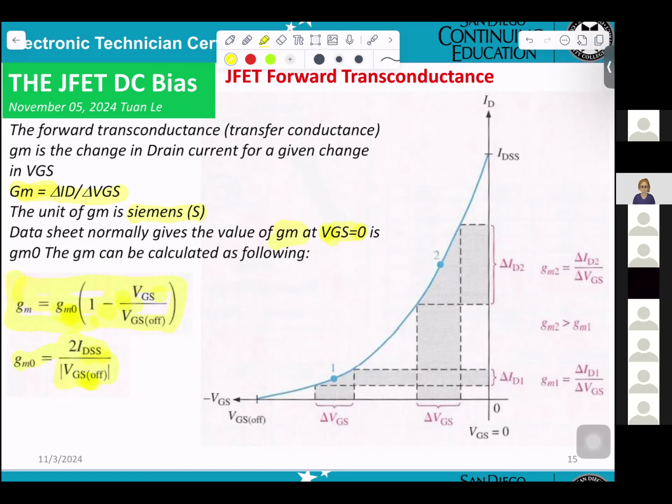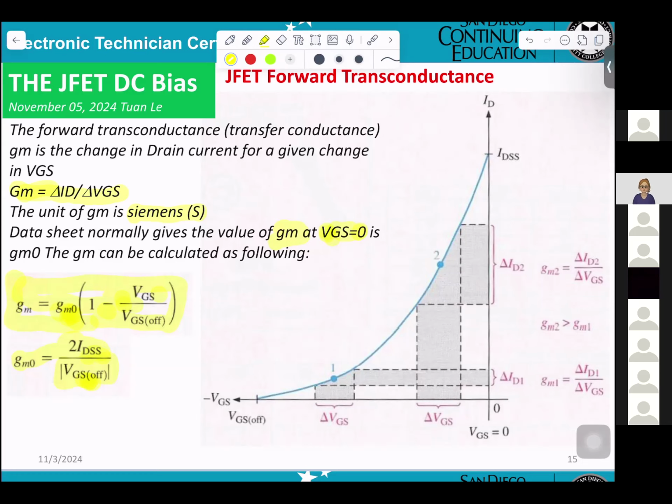Okay, so that's what you get, GM0. So up to this point, you get 3 formulas. One formula to calculate the ID. Next formula to calculate the transconductance, GM. And in the GM, they're using GM0. What is GM0?